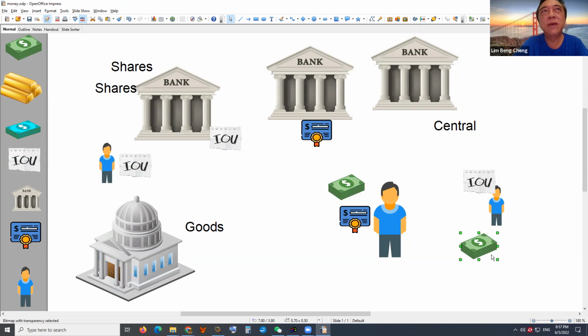So one of the items is property. Although nobody transacts $1 billion in property like buying shares, property is something that is plentiful, and you pay 100,000, 200,000 to buy property, it's very easy.